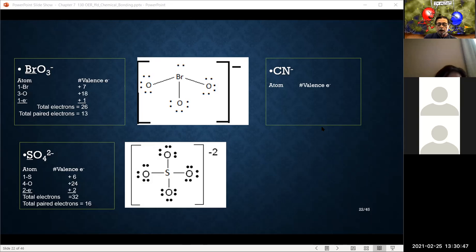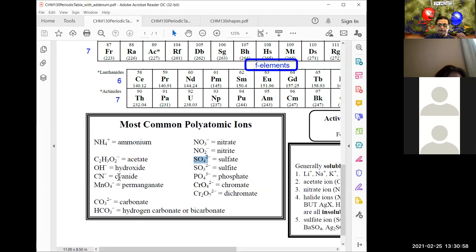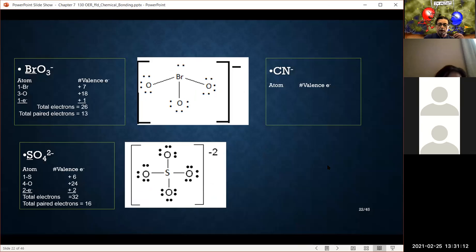Tetrahedral. And then finally here, the CN negative. It's also a polyatomic ion. Going back to the table, you can see that it's called the cyanide ion, a very poisonous ion. Same process as before.